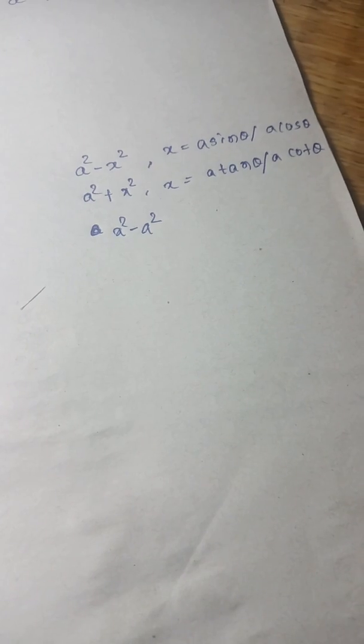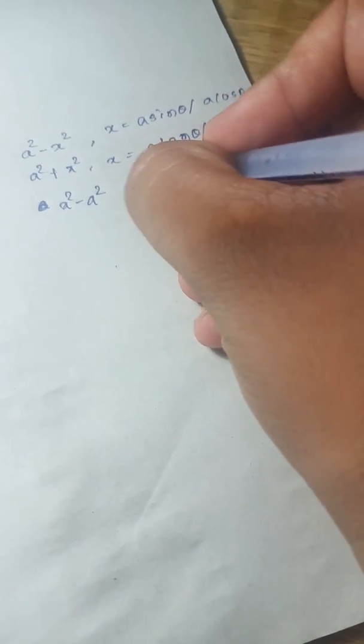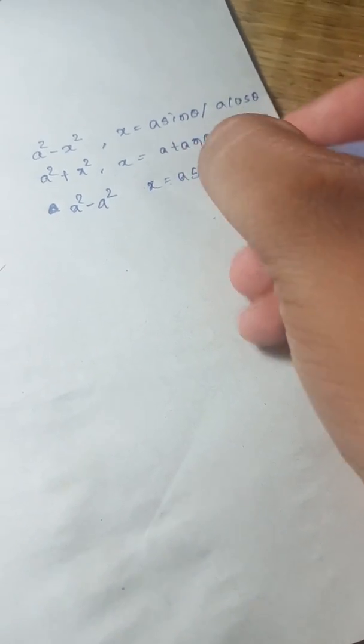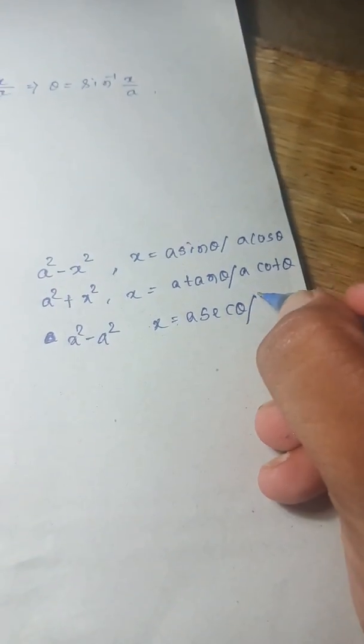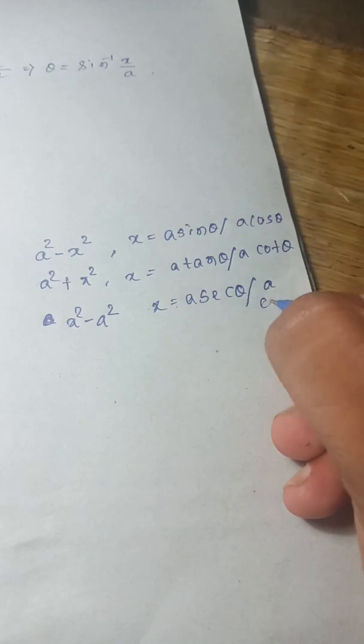If any term contains x square minus a square and you are unable to put any formula here, then put x is equal to a sec theta, otherwise a cosec theta.